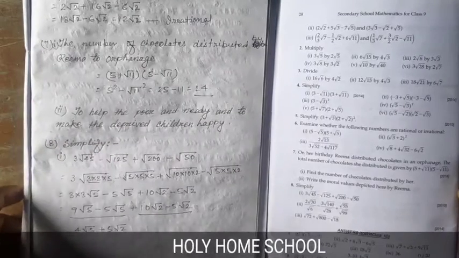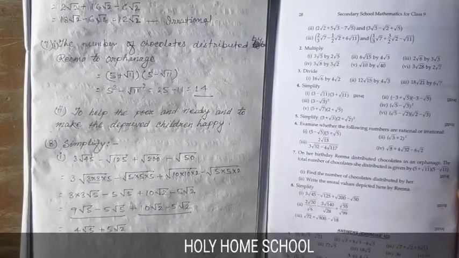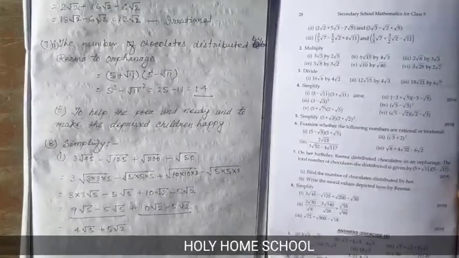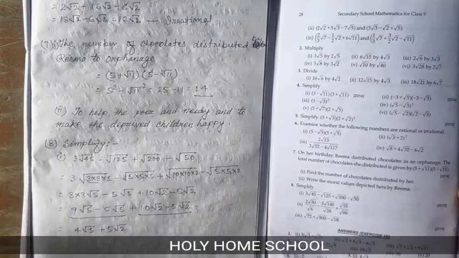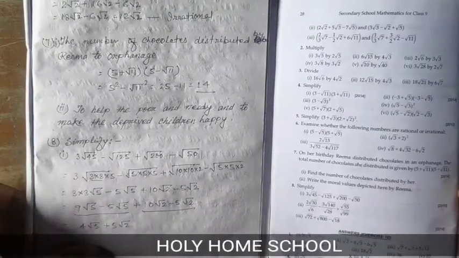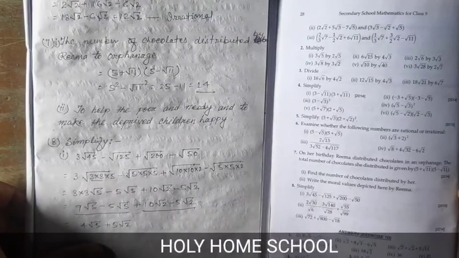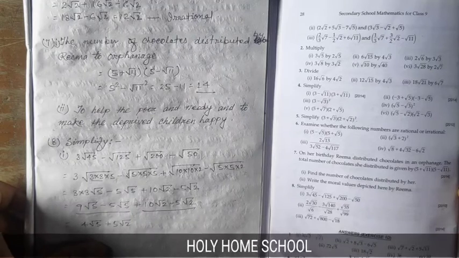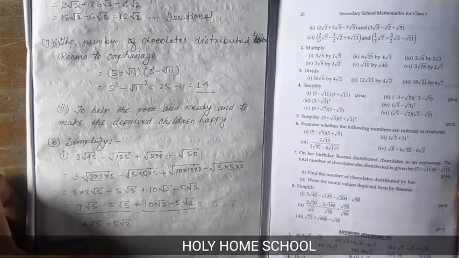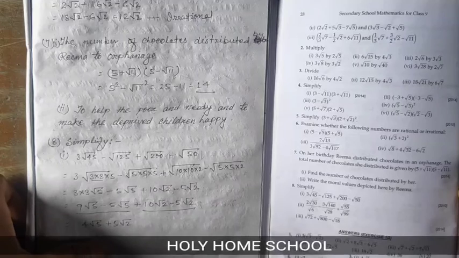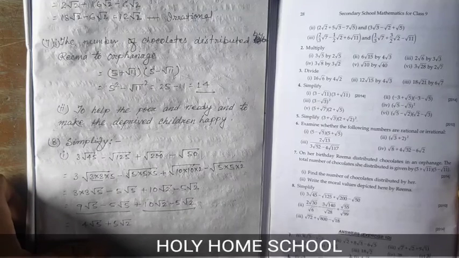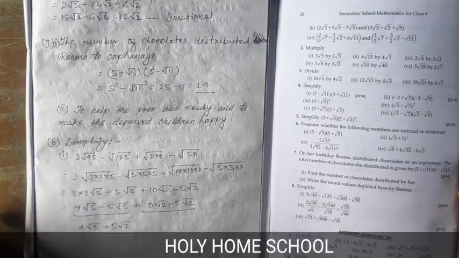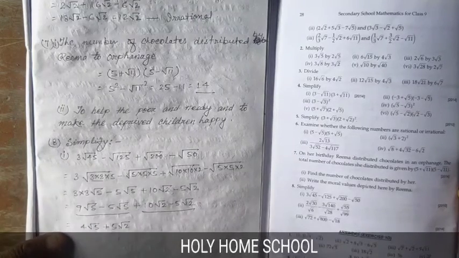Last one is 8. Simplify: first, 3 root 45 minus root 125 plus root 200 minus root 50. Expand root 45, that will be 3 multiply 3 multiply 5.